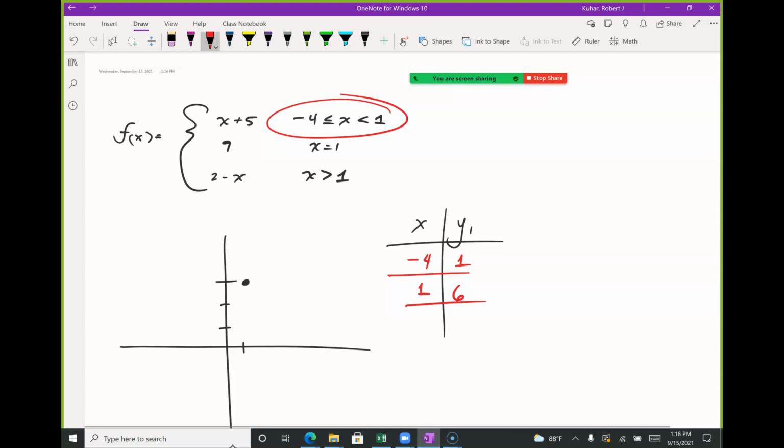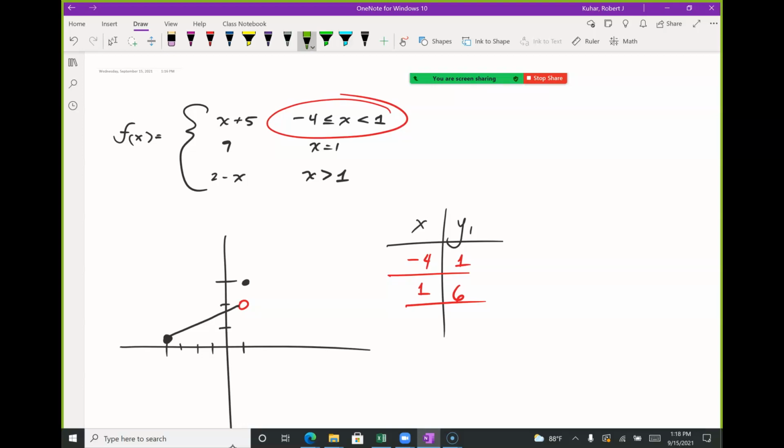So I get an open point here at 1, 6. At -4, I get a 1. And note that that line would normally keep going, but because they've restricted my domain, I'm going to just stop it there.